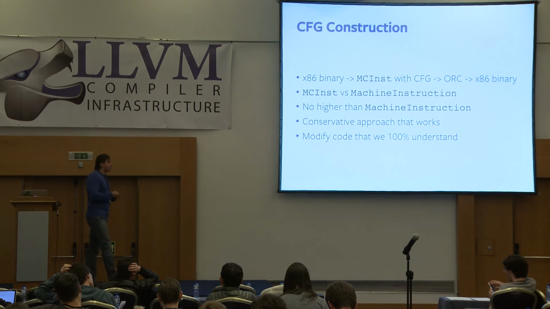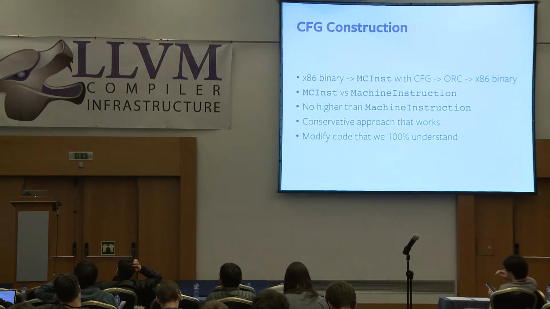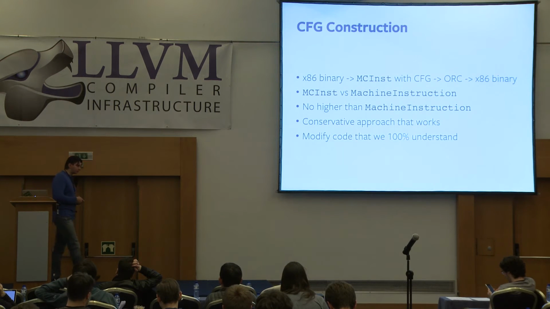Our primary objective was to optimize HHVM. HHVM is huge. It's millions of lines of code and third-party libraries. So this approach will take some time. Instead, we chose to optimize only the functions that we understand. Right now, this is approximately 90% of all functions in the binary.